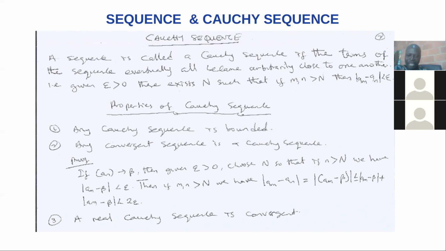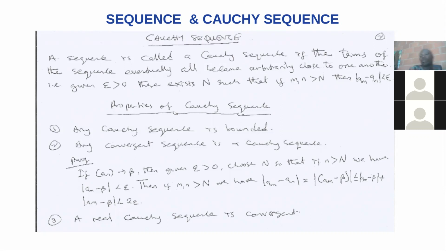So what I'm trying to say is that when you have a Cauchy sequence, the terms in the sequence must be arbitrarily close to each other. For example, if you perform an operation and find the numerical values of two different sets, and you are having 3.12, and you have another one 3.13, you have another one 3.33.